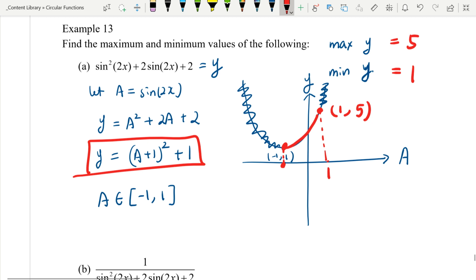It doesn't matter what x is, I don't care. But if it's a sine function, your range is only between minus 1 and 1. So the a value can only vary from negative 1 to 1. If I make the function y in terms of a instead of x, only this red part of the graph will exist. So the minimum value is 1 and the maximum value is 5.